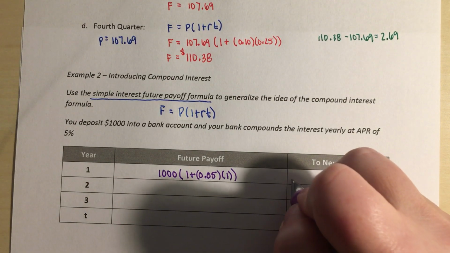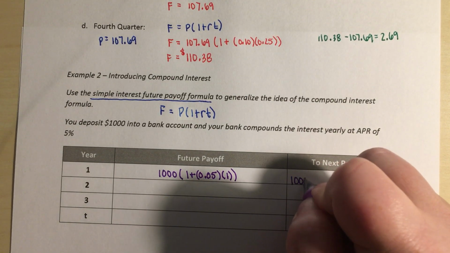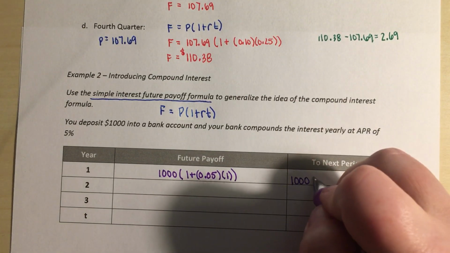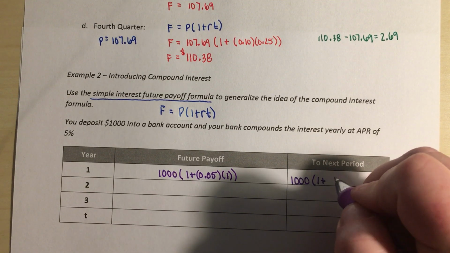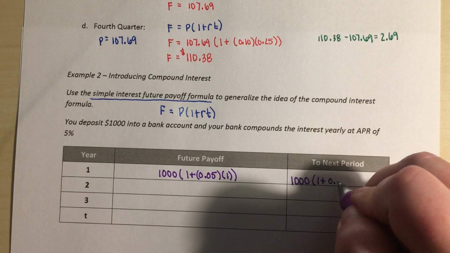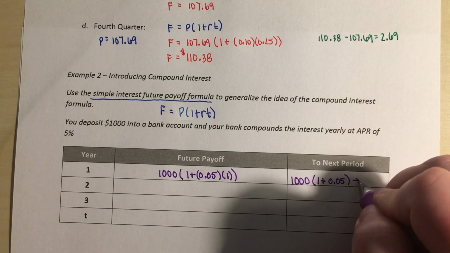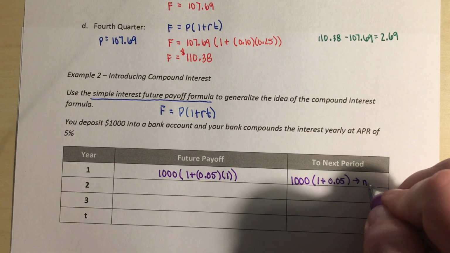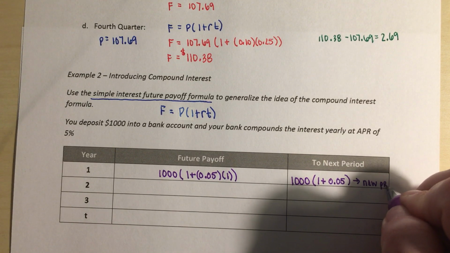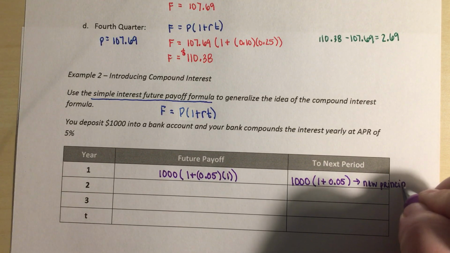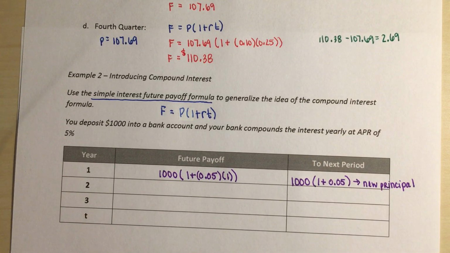So I'm going to write what we're going to bring to our next period as 1,000 times 1 plus 0.05. This is going to be our new principal that we carry into our next year.